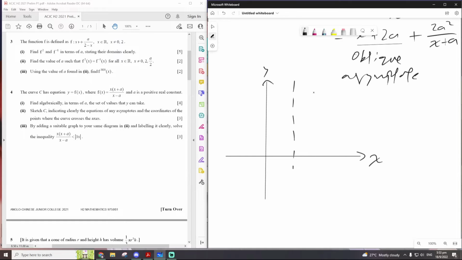Alright, this shall be the line x equals a, and with the oblique asymptote, something like this, y equals x plus 2a. Okay, and we're going to draw the graph.